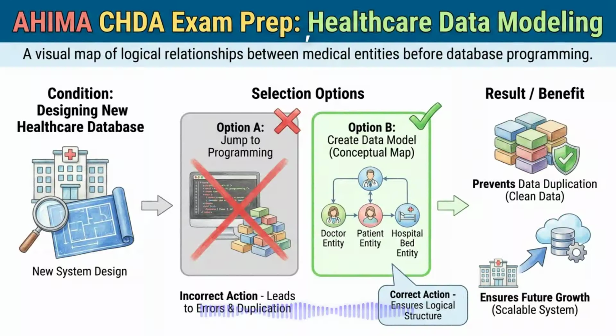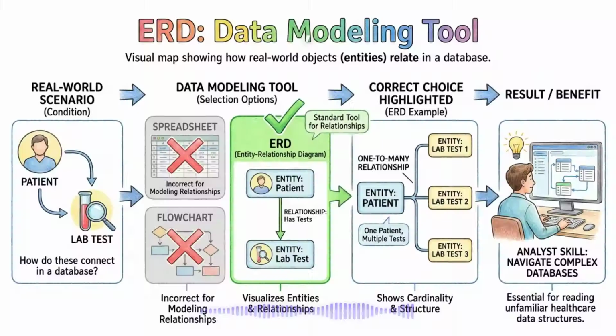This visual mapping process ensures that the database is built logically before any actual computer programming takes place. A well-designed data model prevents data duplication and ensures that the system can handle future growth as the hospital expands.